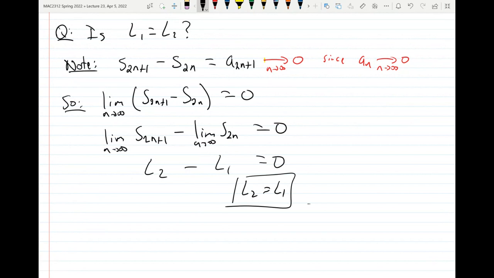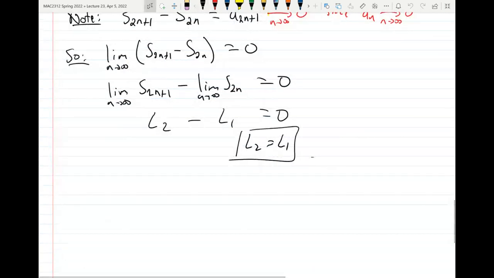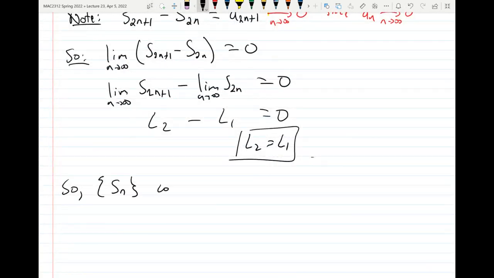So now we can argue that because the two sublists converge to the same place, the original list has to converge to the same place. So the sequence S_n converges as well to whatever L1 equal to L2 is. Okay?